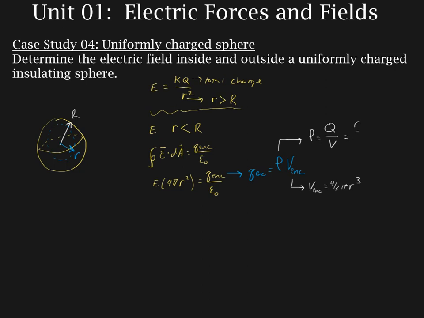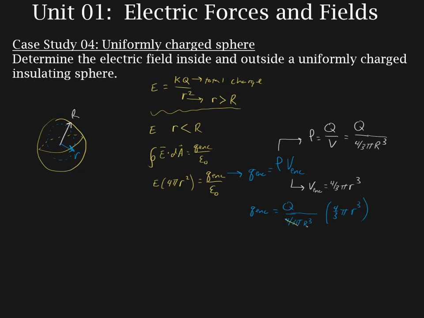So we have the total charge, which is a constant, divided by the volume, which is 4/3 pi capital R cubed. Putting this all together, Q enclosed is equal to capital Q over 4/3 pi capital R cubed times 4/3 pi little r cubed.